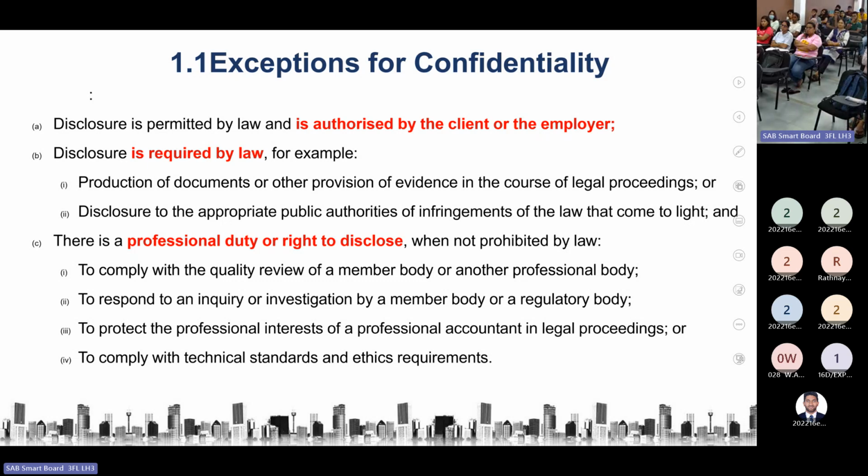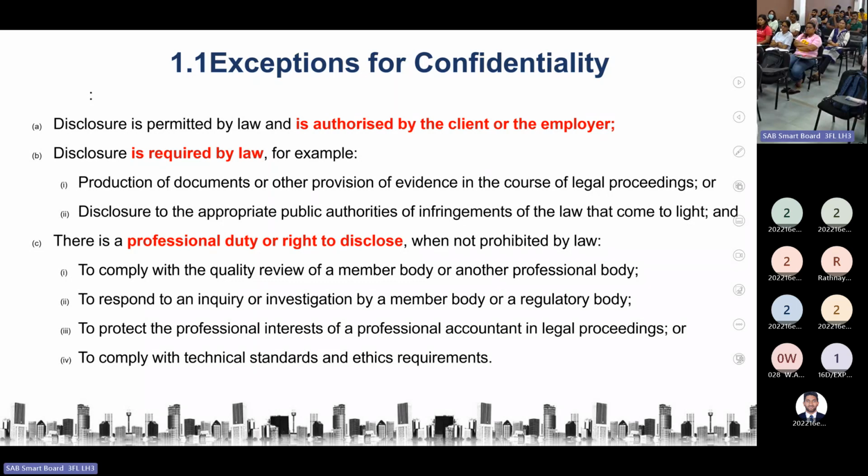First one is it is authorized by the client, or it is enforced by law, which is telling you to tell these things, and also it is your professional duty to disclose it. With these three exceptions, you can breach the confidentiality.